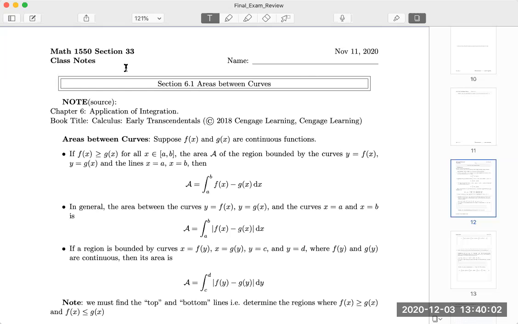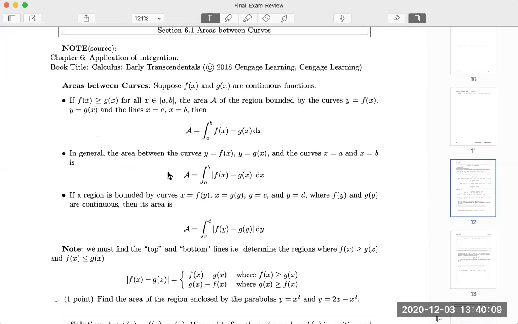November 11. It is explained very clearly here. In order to find the area enclosed by two curves f and g, on the interval from a to b, we take the integral of the absolute value of the difference of f and g.